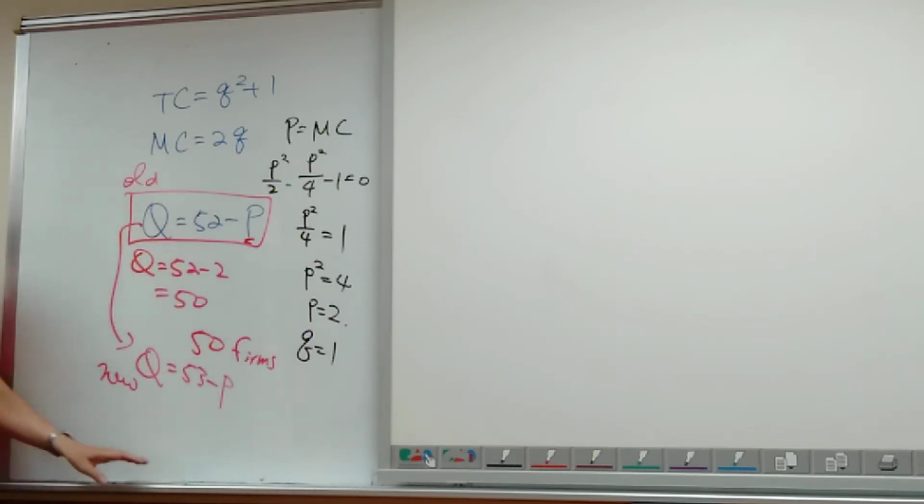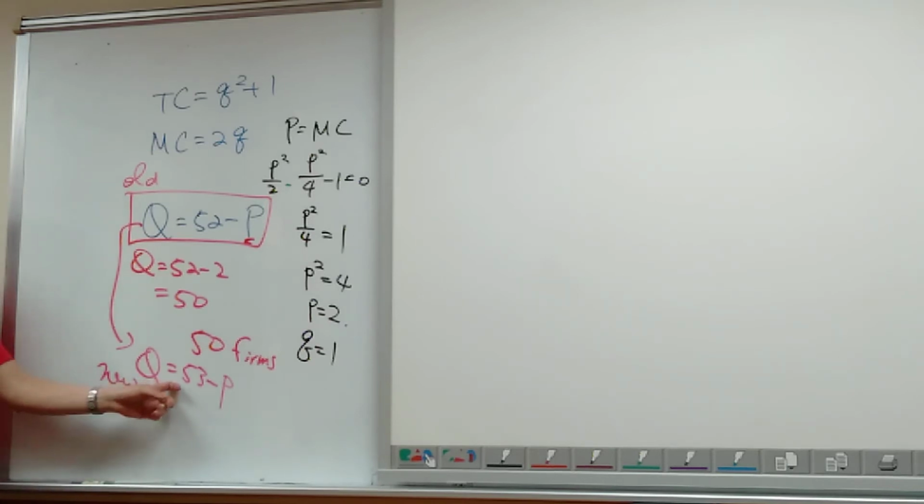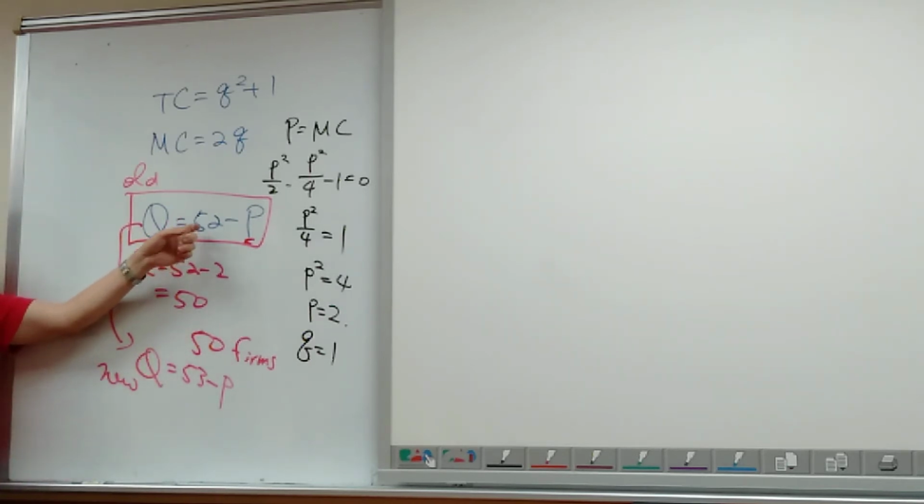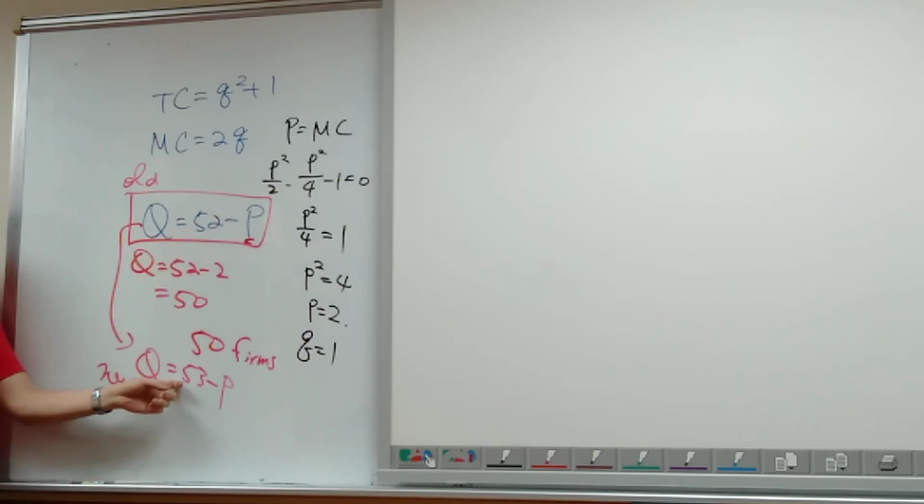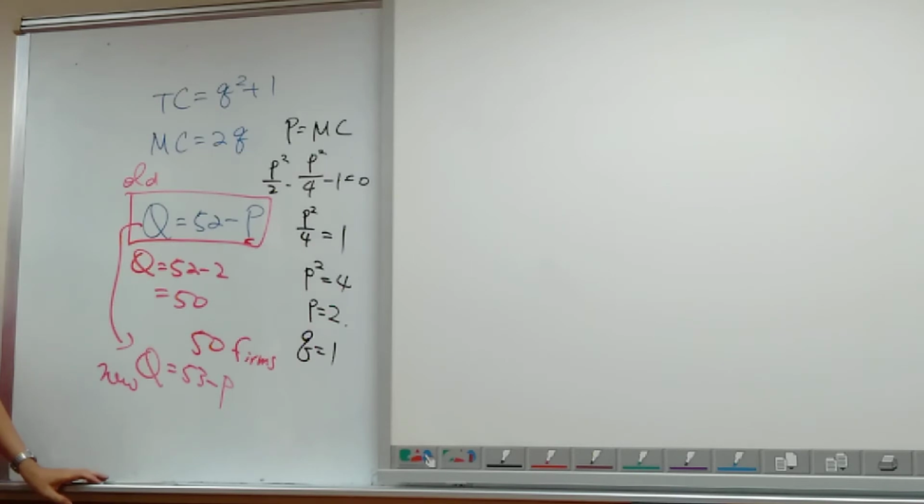Okay? So what is going to happen? What does this mean? Zhang Zewei, when Q is equal to 52 minus P and now becomes 53 minus P, what does that mean? Okay, an increase in demand, right? So when there's an increase in demand, what is going to happen?